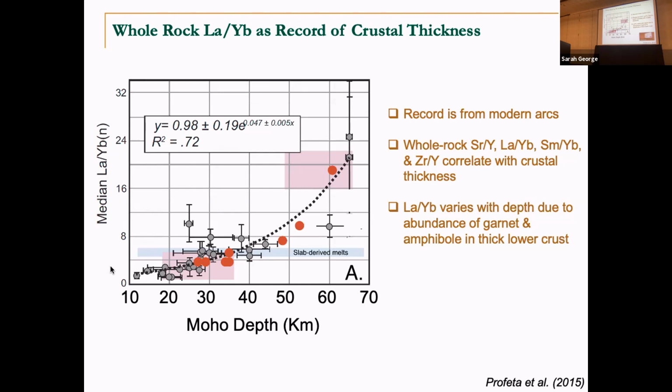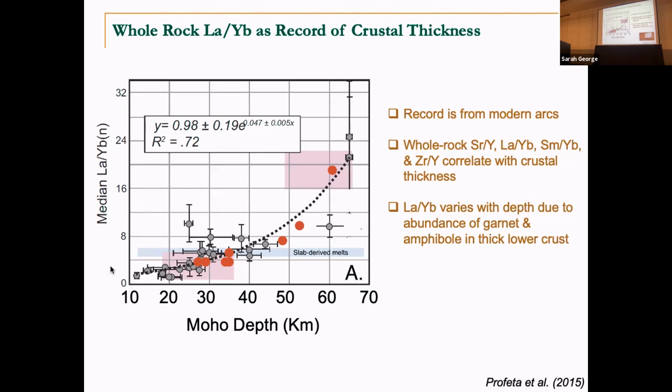They basically rely on the abundance of cogenetic mineral growth, right? So in a thick crust with high lithostatic pressures, you're going to be crystallizing phases like garnet and amphibole. And phases like garnet and amphibole really, really like heavy rare earth elements. So that's going to be sequestered in our amphibole and our garnet, and that zircon's never going to see it.